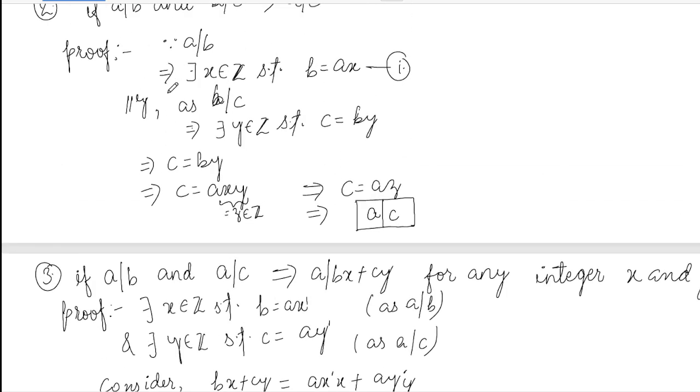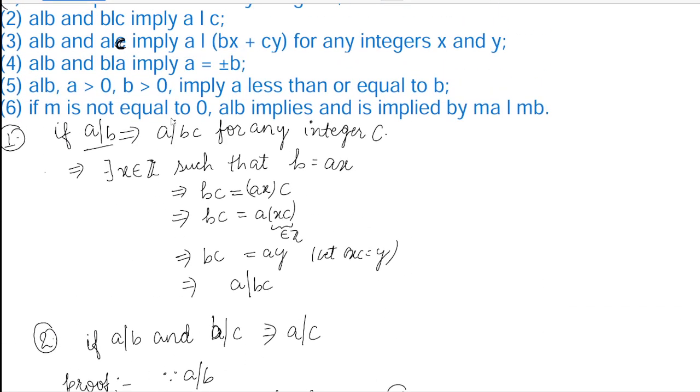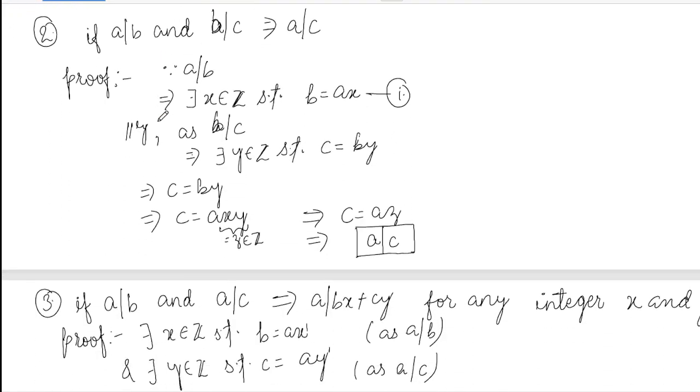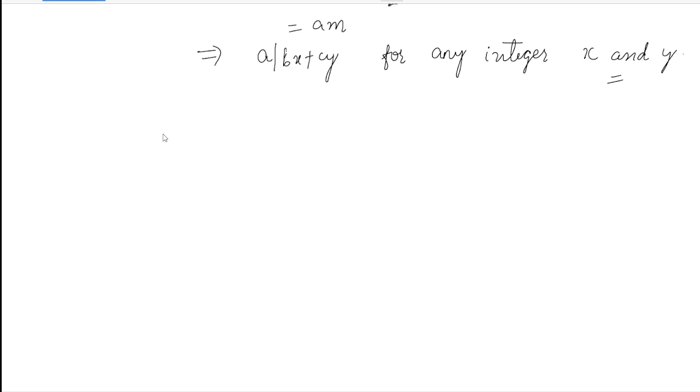Now the fourth part is: if A divides B and B divides A, this implies A is equal to plus minus B. Proof.